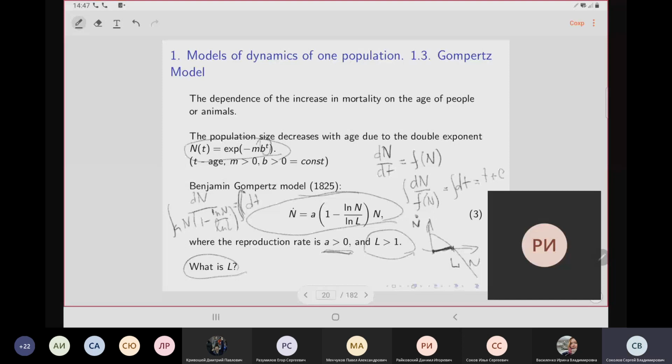We can easily see when we consider the quantity in braces. If we compare it with 0, we quickly get an equation like logarithm n equals logarithm L.